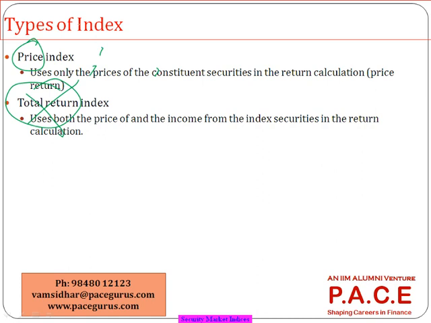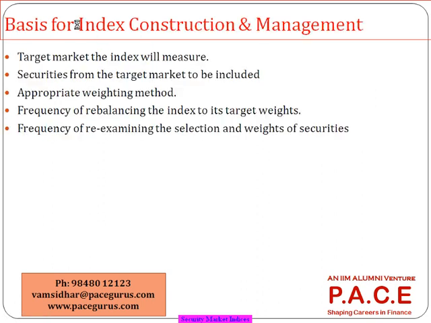So the total return which an investor is getting, the total return index is focusing not just on the price but also on the income, which is the constant inflows that come in the middle. Whereas when we say the price index, the return is computed purely based on the price of the security.